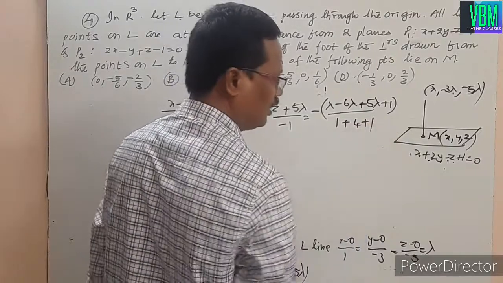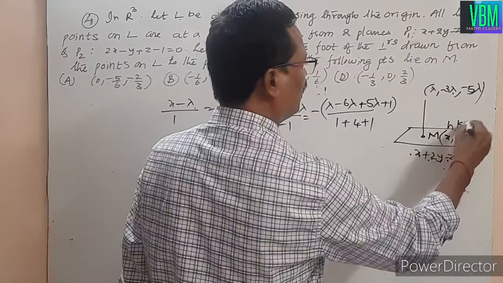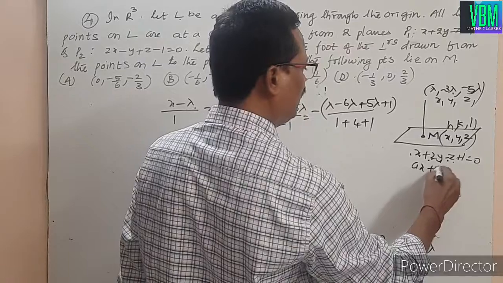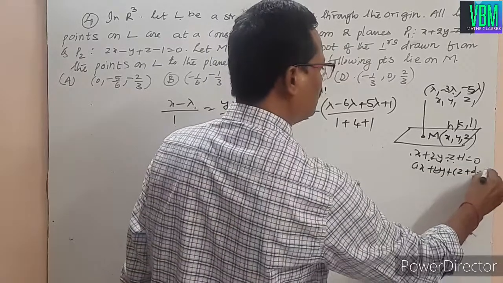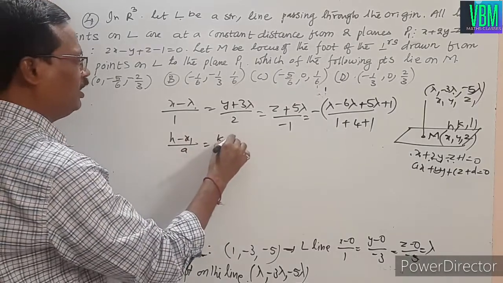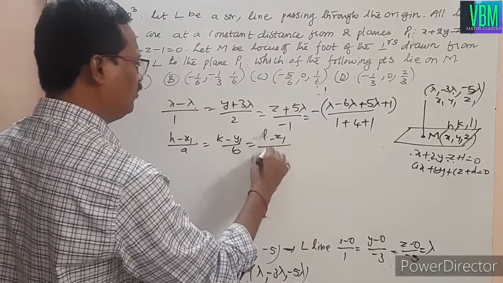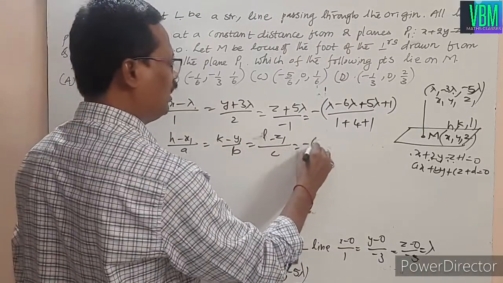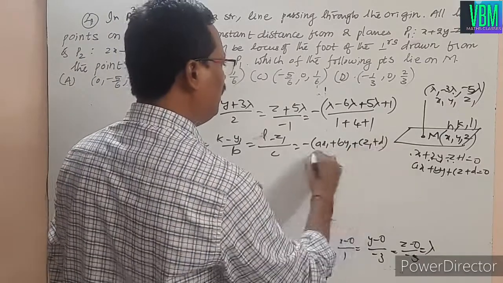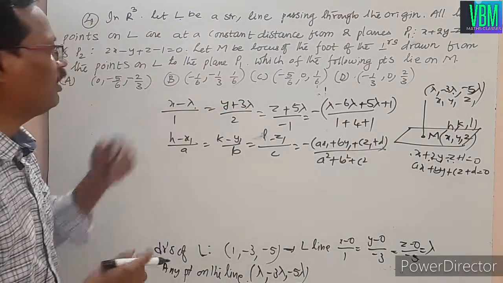The formula is: if the point is (x1, y1, z1) and the plane is ax plus by plus cz plus d equal to 0, then the foot (h, k, l) satisfies (h minus x1)/a equal to (k minus y1)/b equal to (l minus z1)/c equal to minus of (ax1 plus by1 plus cz1 plus d)/(a square plus b square plus c square). By using this formula we got this.